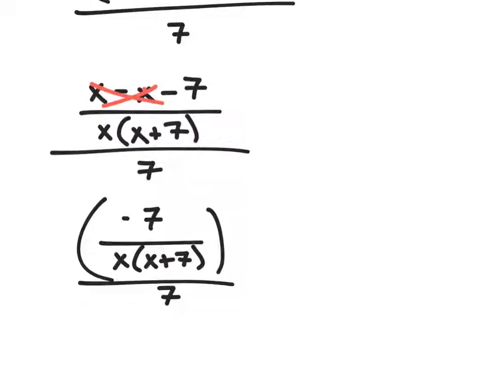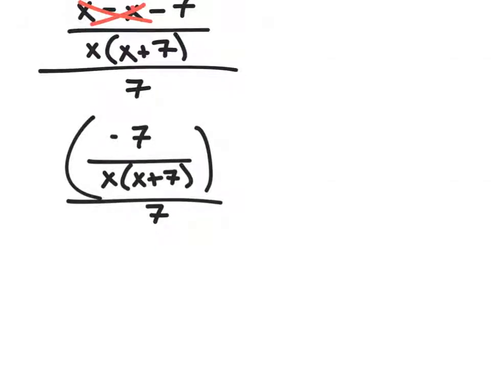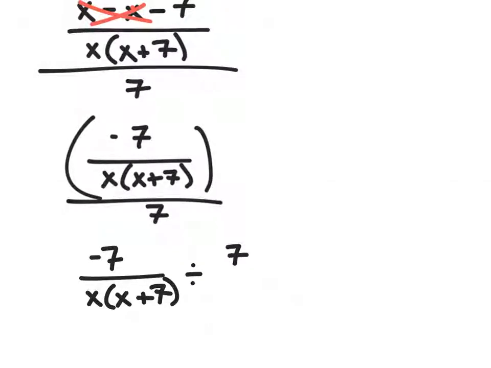Okay, now what I'm going to do is this. I'm going to take negative 7 over x times x plus 7, and I'm going to divide that by 7 over 1. Okay, when I'm dividing by 7, I can write it as divide by 7 over 1. All right, so now what I want to do is I want to multiply by the reciprocal.